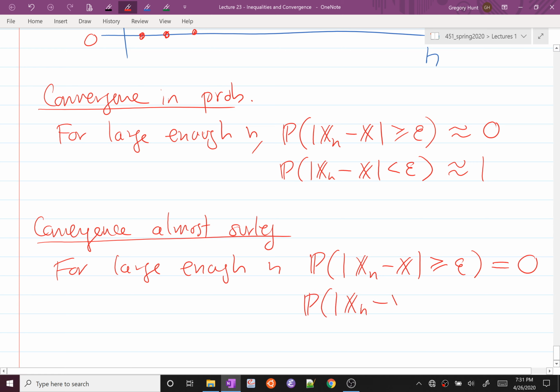So the probability they're more than epsilon away from each other is 0, or the probability they're within any arbitrary distance epsilon has to be exactly equal to 1.